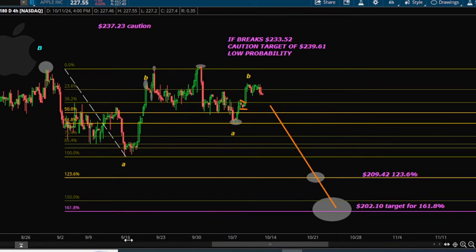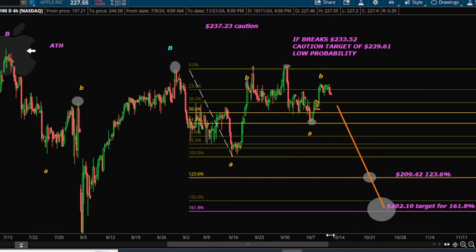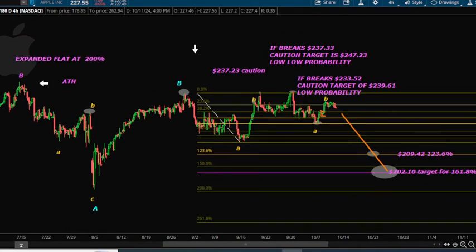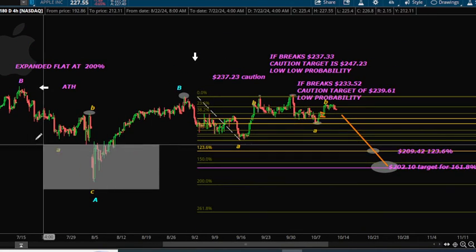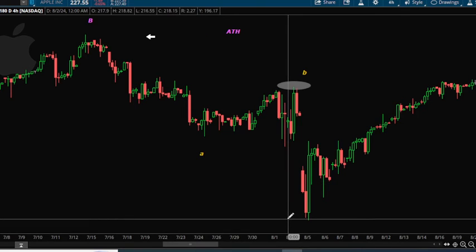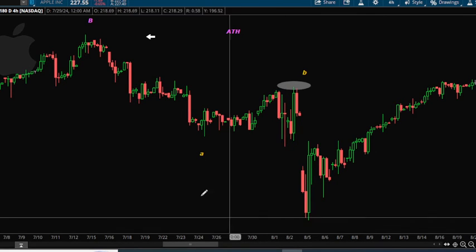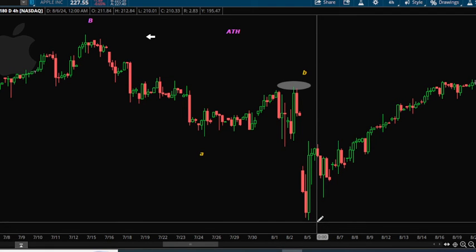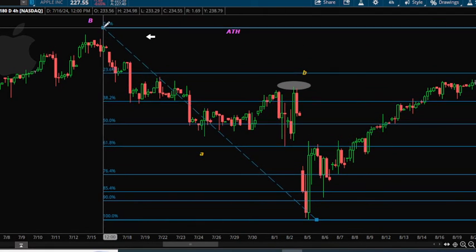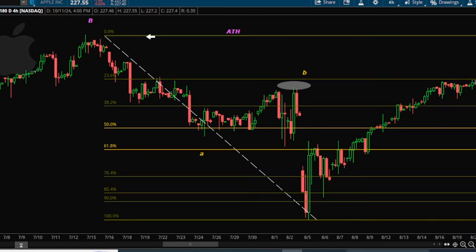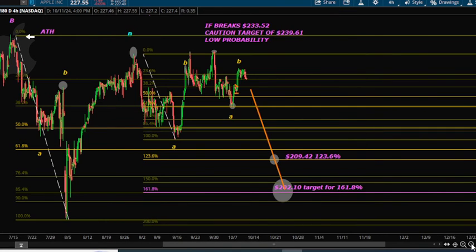So the bigger C wave down would be, let's zoom out and see how that looks.